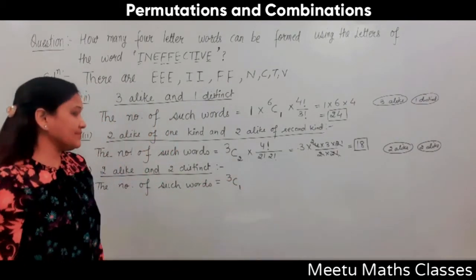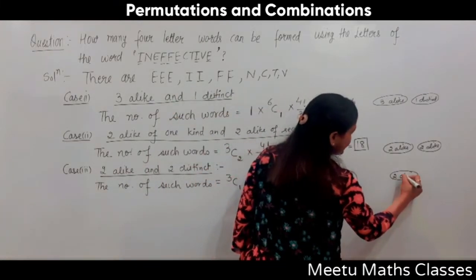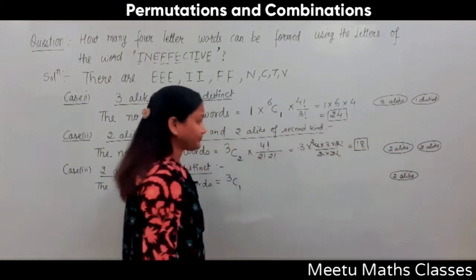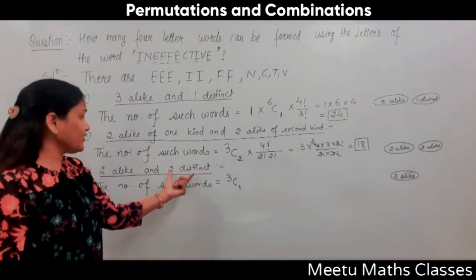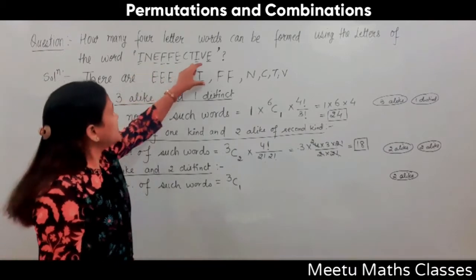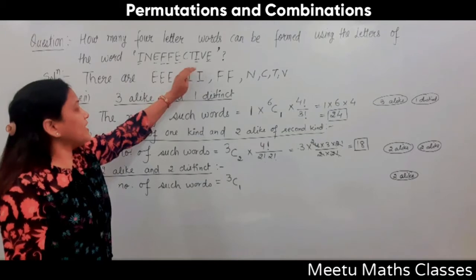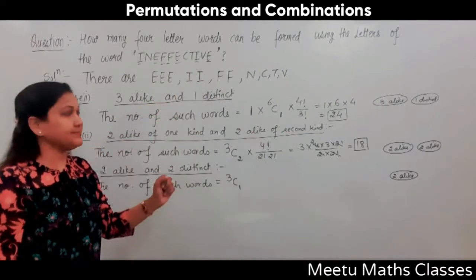As soon as you select 1 pair, you have selected 2 alike letters. Now we are also going to choose 2 distinct letters. Suppose a pair of I has been chosen.